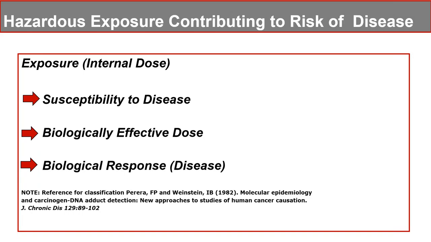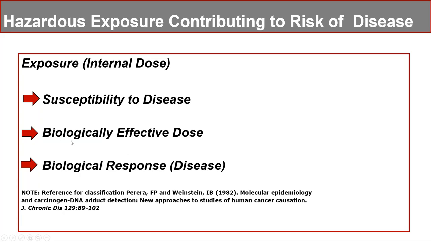And so this is one model, a very simple model of the concept of exposure contributing to the risk of disease, and it has to begin with exposure. And then once somebody's exposed, the question is what factors contribute to increased susceptibility to disease, and then how much has been absorbed or accumulated at the target site.